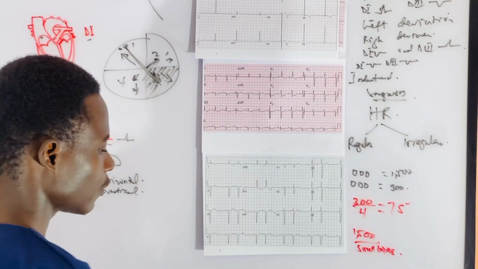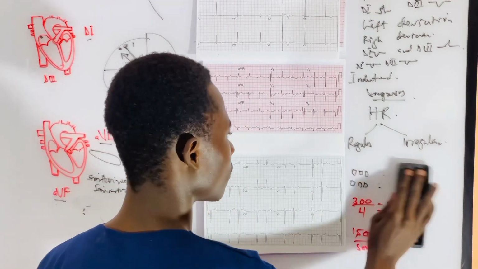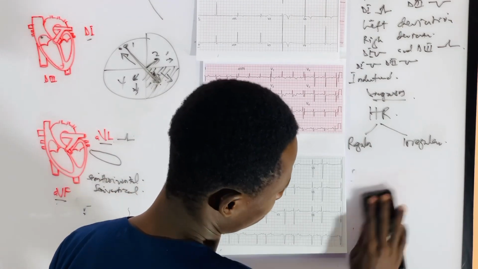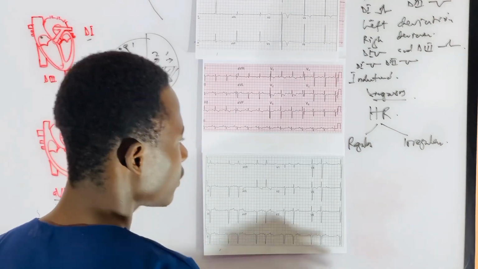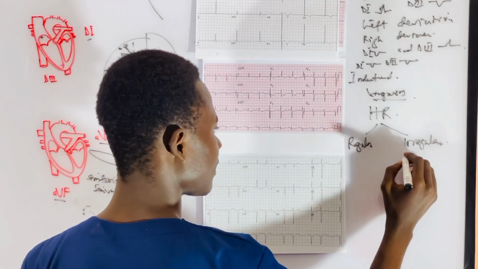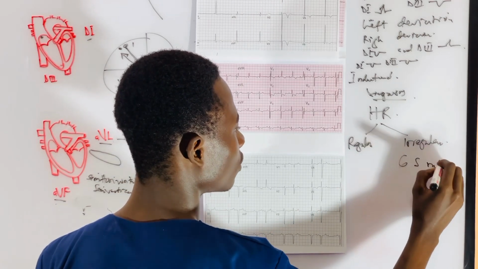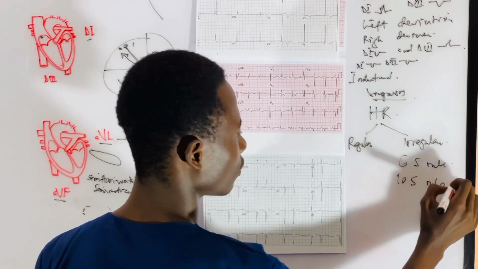Now let's come to the irregular. For the irregular, we use something we call the 6 seconds rule, and you can use the 10 seconds rule also.